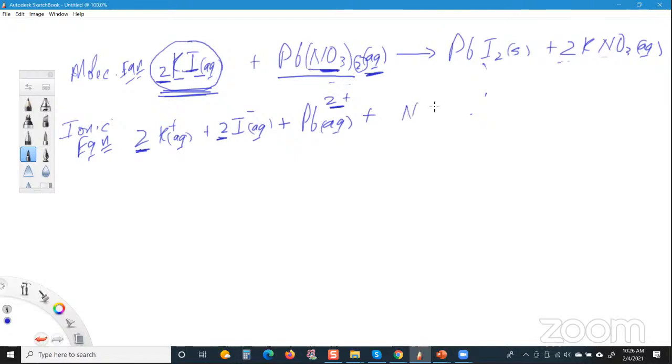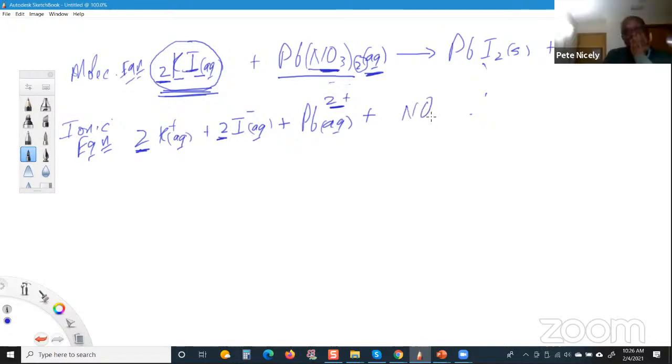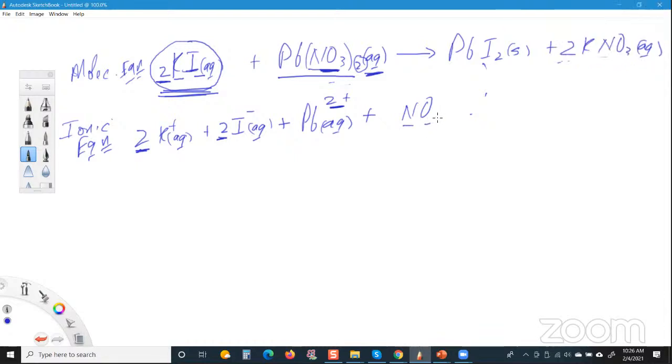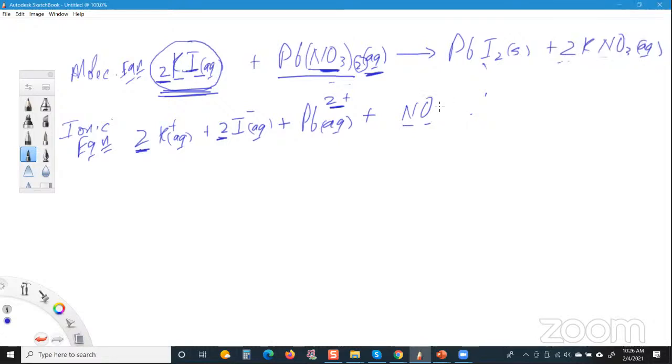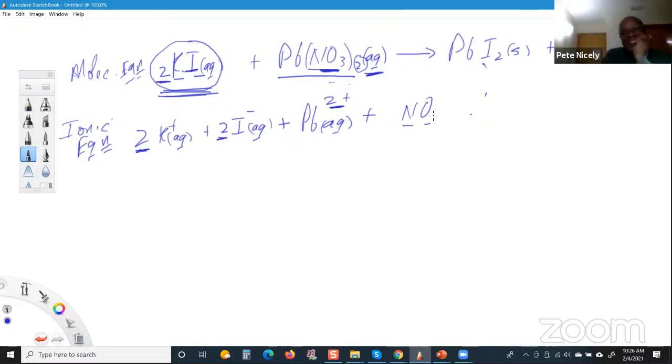NO, mm-mm. NO what? Anybody else? You're right about the NO, but you're wrong about the subscript here. Yes, it's aqueous, but you need to give the number here, the subscript.